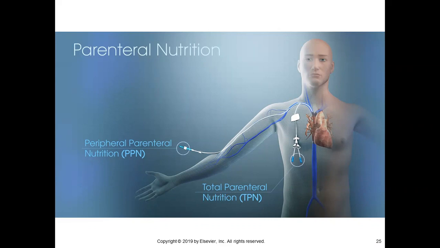But if we use a different route for nutrition, it is parenteral nutrition, like the central pathway and peripheral pathway. The central one is called total parenteral nutrition or TPN, and this one is called peripheral parenteral nutrition or PPN.